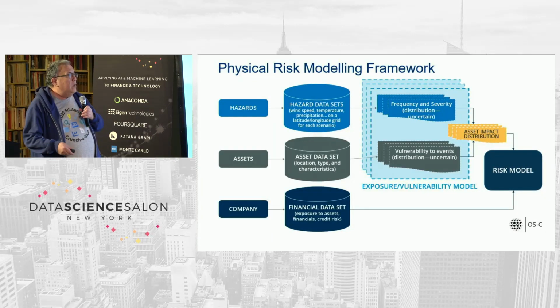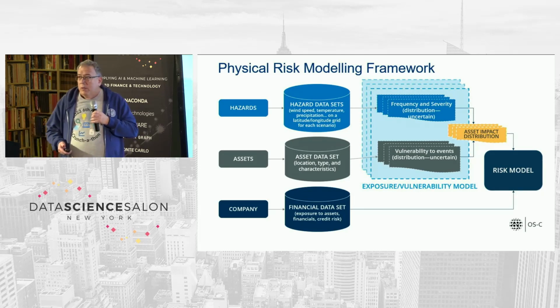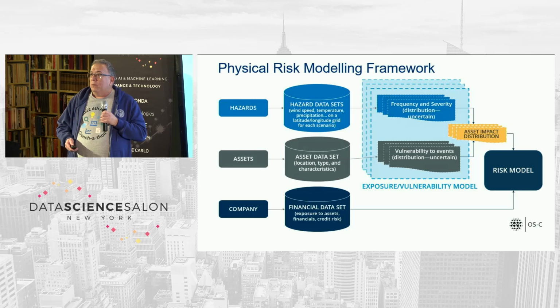And another area is hazard data, which is a little bit different, but it's related. So FEMA collects data sets, and they're publicly available, of all kinds of disasters that they've had to deal with. Other companies, insurance companies, have these data sets as well, and a lot of them are widely available in open source.